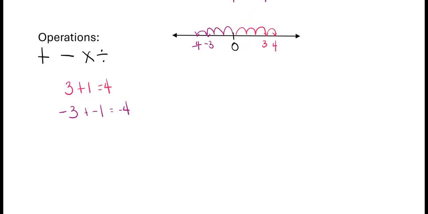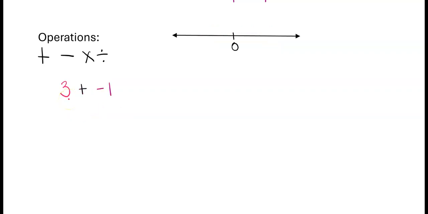Another way to think of it is that you're adding their absolute values but keeping that sign. So the absolute value of 3 plus the absolute value of 1 is 4, and you keep the sign of positive 4. Or the absolute value of negative 3 plus the absolute value of negative 1 is 3 plus 1, which is 4. But then you go back and take the sign of negative because they're both negative.